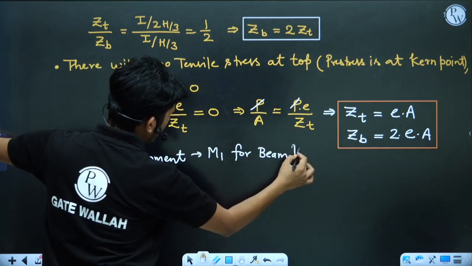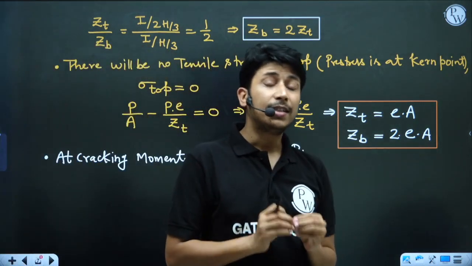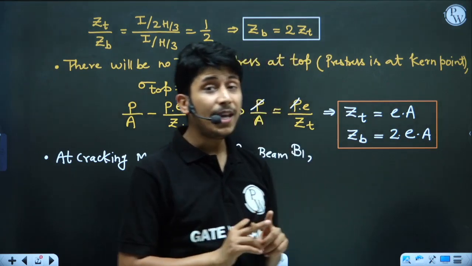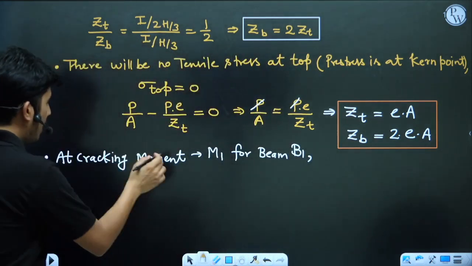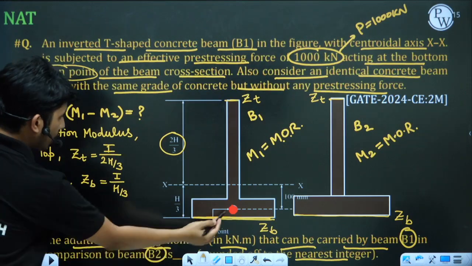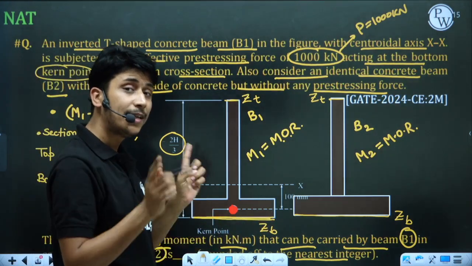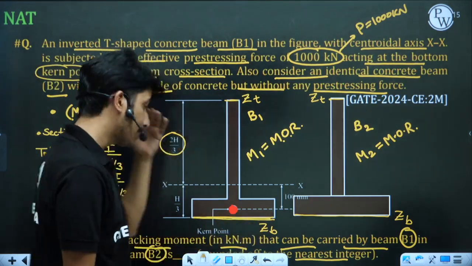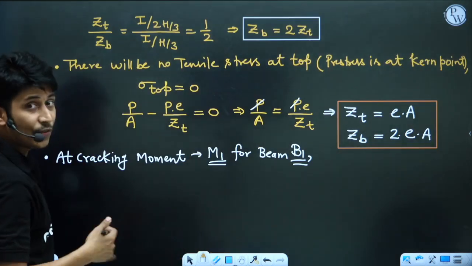At cracking, when the cracking moment develops, the stress at the tensile fiber will be FCR. Whenever moment M1 is applied in beam B1, the bottom fiber will show tensile stress. So the stress at the bottom will be negative FCR.